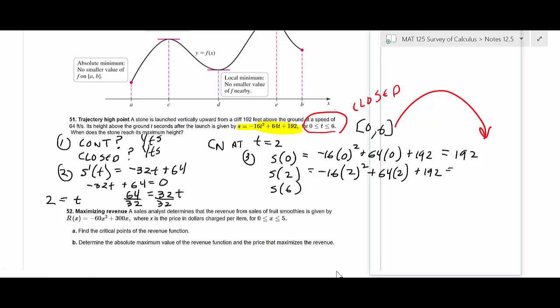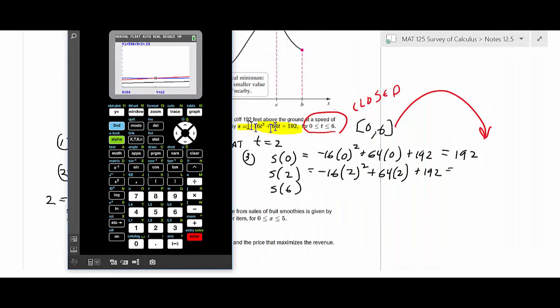You can do that all in one step in your calculator, or you can even graph and get this with your graphing. So that's really negative 16 times 4, 2 to the second is 4, plus 64 times 2, and then plus 192. I suspect this is where the max is. So that's 256.